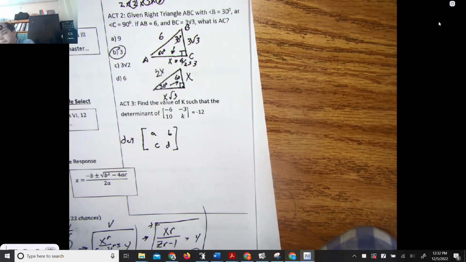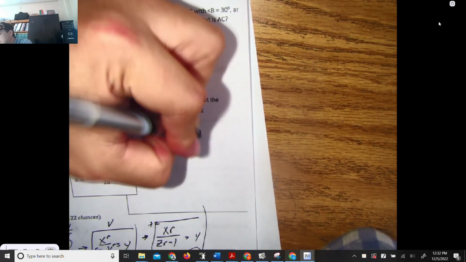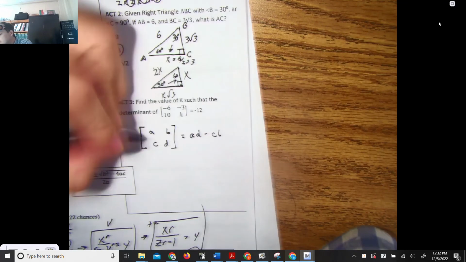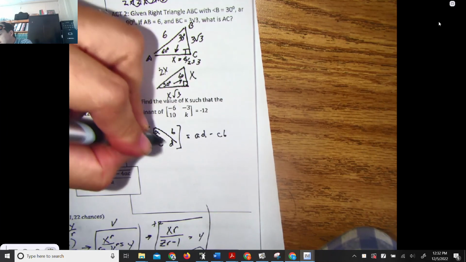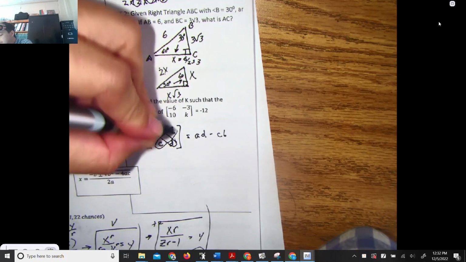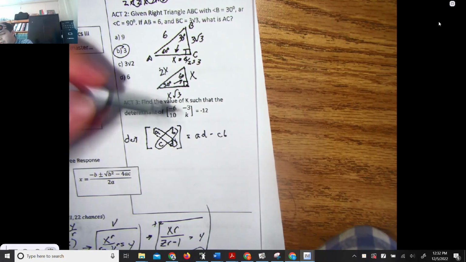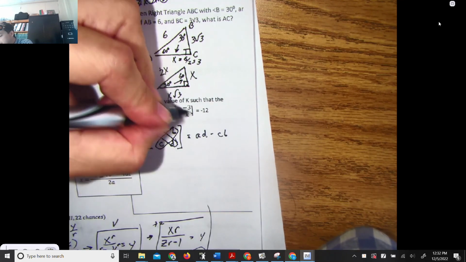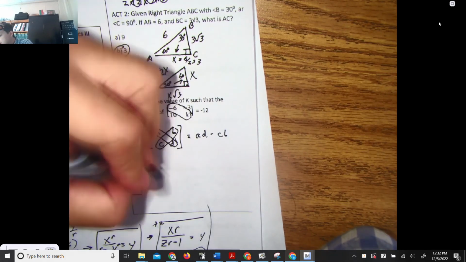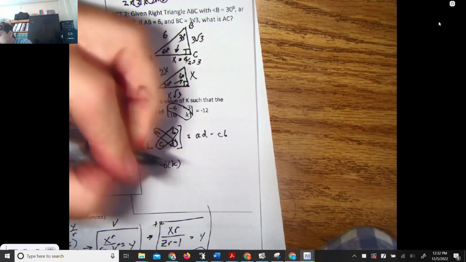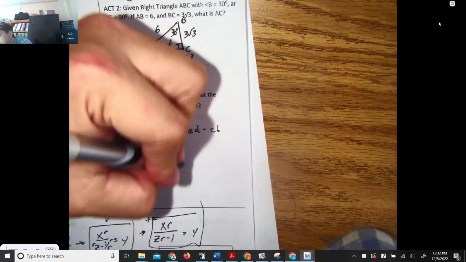The determinant of a matrix that contains the elements A, B, C, and D is defined to be AD minus CB. We do that guy, take away that guy. Now this one's already known. So I'm going to do this guy, negative 6 times k. I'm going to take away the product of 10 and negative 3.